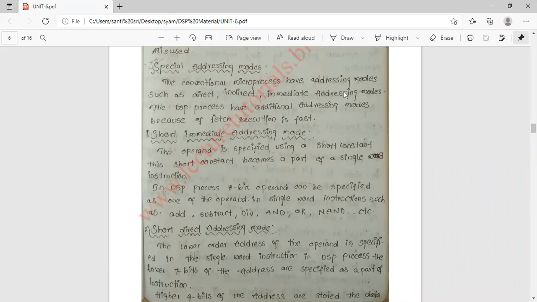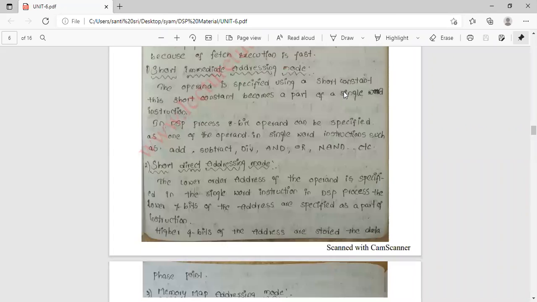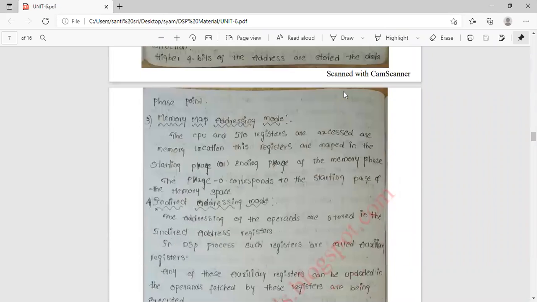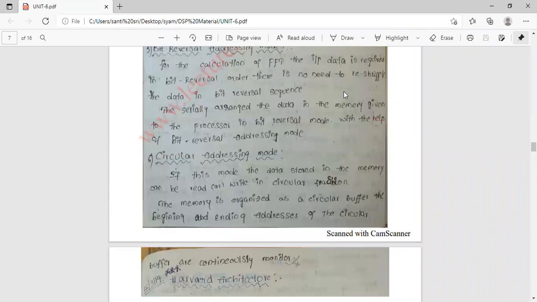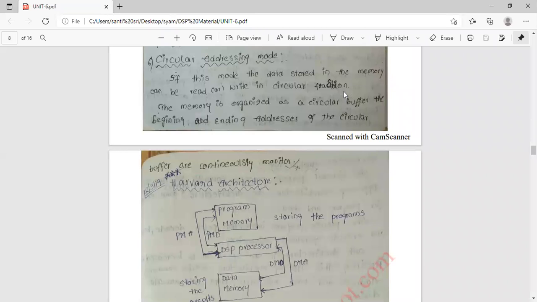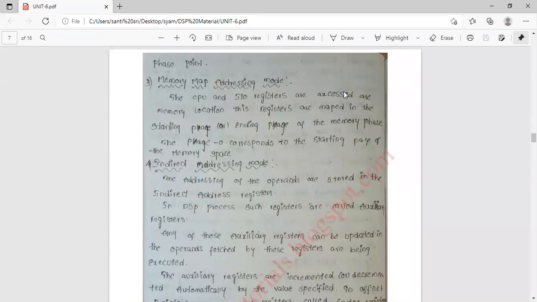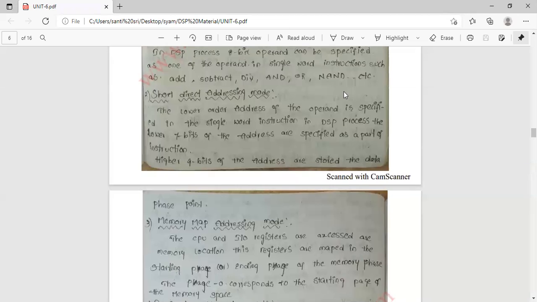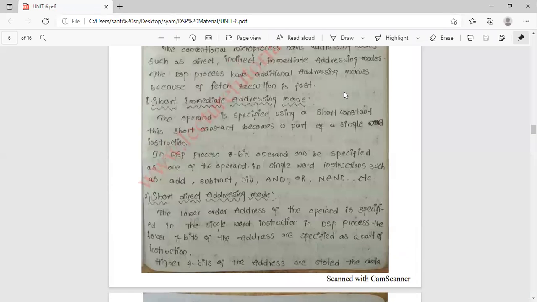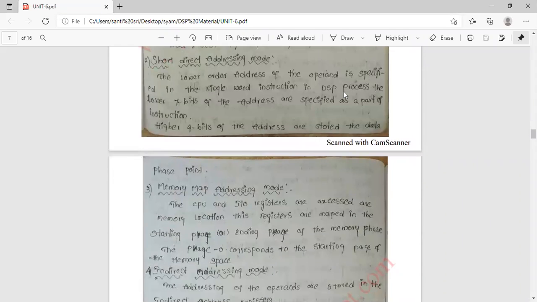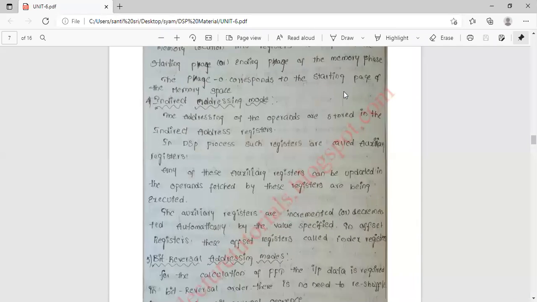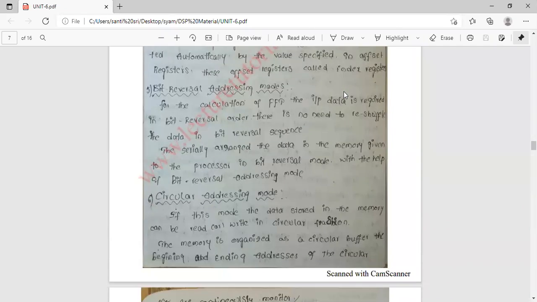Apart from these, we have special addressing modes: short immediate addressing mode, short direct addressing mode, memory map addressing mode, indirect addressing mode, bit reversal addressing mode, and the last one, circular addressing mode.